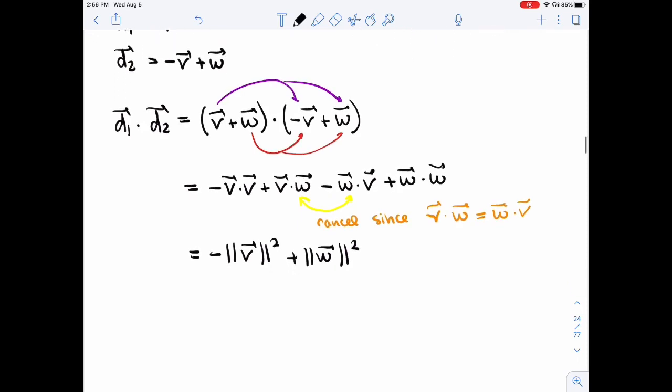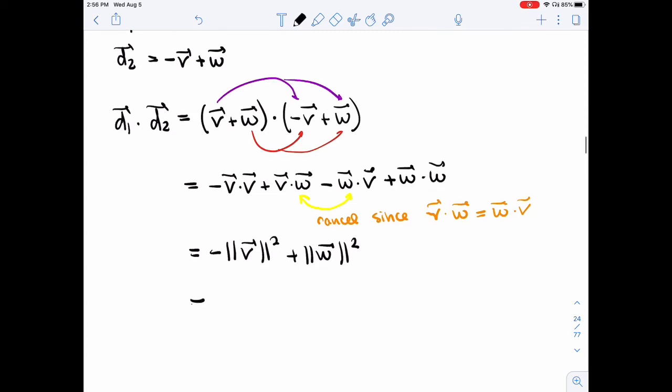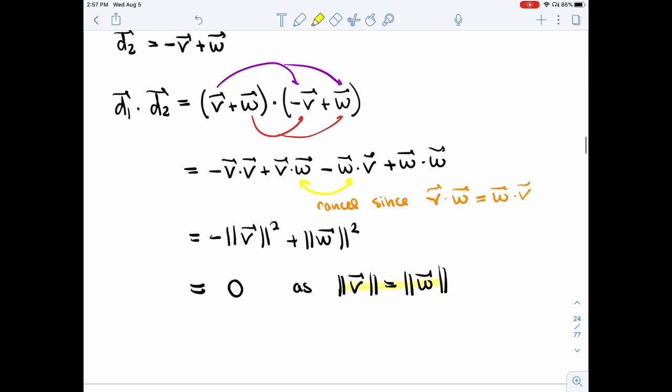But these are equal. The length of V is equal to the length of W, so this will give me 0. This is the only place where I'm using the fact that I have a rhombus. Everything I've done before works for any parallelogram. But now, because I have a rhombus, I have this extra fact, and I can make this jump right here.